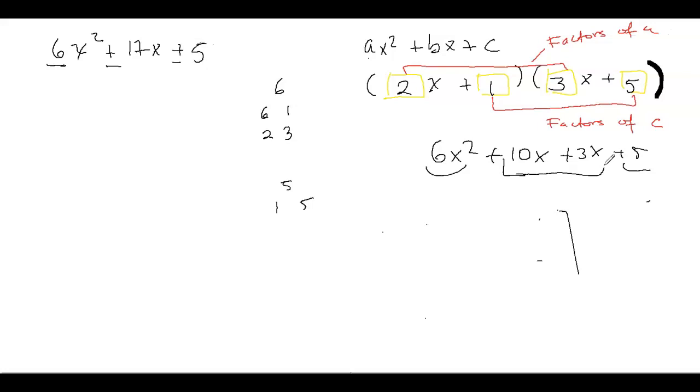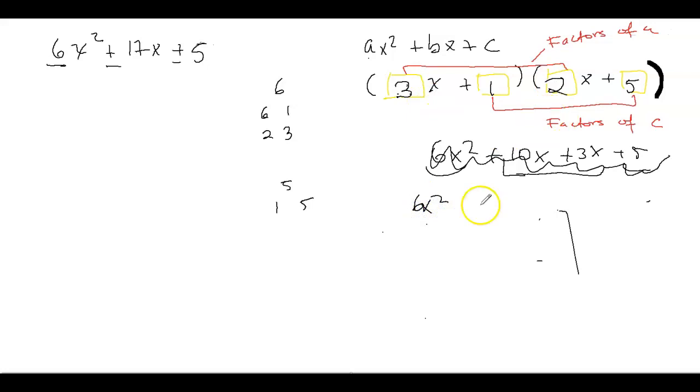So now the next thing you can do is switch the order of these numbers. I'm going to put the 3 here and the 2 here, and we try again. 3 times 2 is 6x squared, so we know that's going to work.